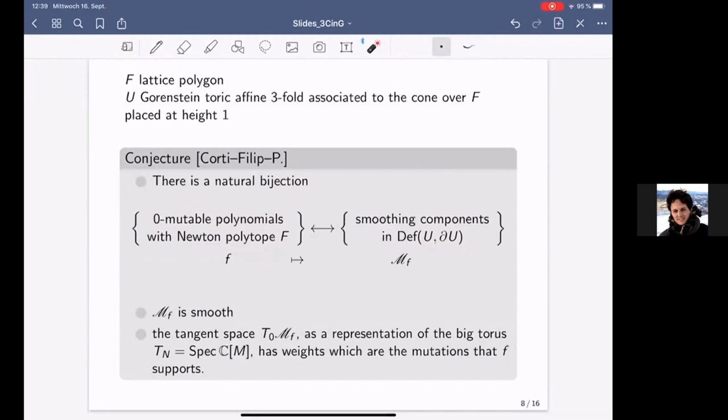So maybe I should say something about these two sets. The first set: we are considering F, the polygon, and then polynomials with binomial coefficients on the boundary of F, and then we have to understand what happens inside F. And we have a recipe for doing that. And this is just finitely many Laurent polynomials.